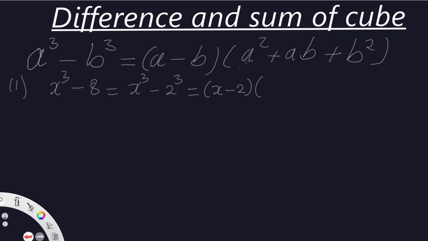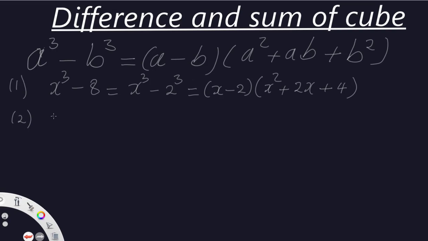Therefore, here we'll have, instead of a squared, x squared, plus your a, which is x, times your b, which is 2, so it will be 2x. And then we have b squared, which means 2 squared equal to 4. So this is how you expand x cubed minus 8.